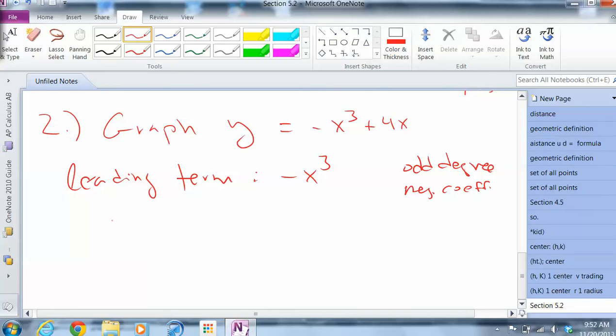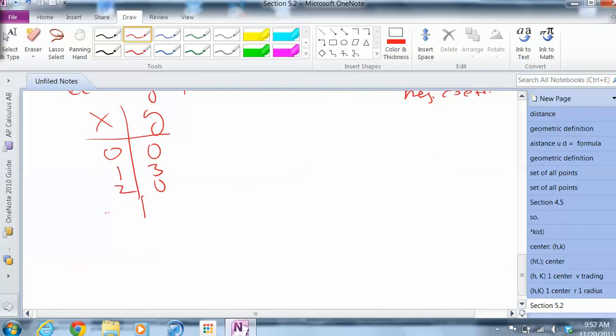So now I make a table. If I plug in 0, I get 0. If I plug in 1, I should get 3, I think. If I plug in, say, 2, interestingly, I get 0. And let's try negative 1.